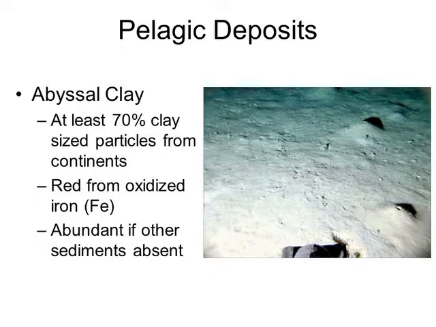You tend to see a lot of iron in the abyssal clays, and that gives it the reddish color, which you can't see in this image, but if you were to bring the sediment up to the surface, you would be able to see that reddish color. And typically abyssal clays are the predominant sediments in the deep ocean if you don't have other types of sediments, which we will cover in a little bit.